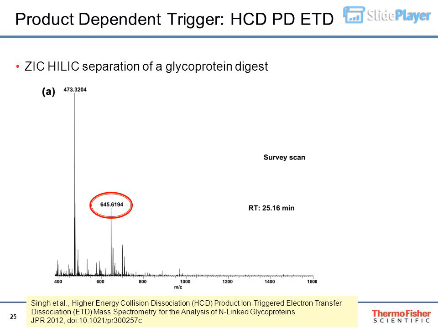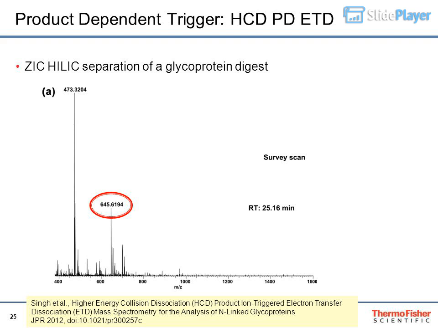Figure 1. Online liquid chromatography HCD product ion triggered ETD-MS/MS of Lys-C digest of ribonuclease B. A, survey scan mass spectrum recorded in the Orbitrap at retention time RT 25.16 minutes. B, HCD-MS/MS spectrum of precursor ions with m/z 645.6194. C, supplemental activation ETD-MS/MS of precursor ions with m/z 645.62.